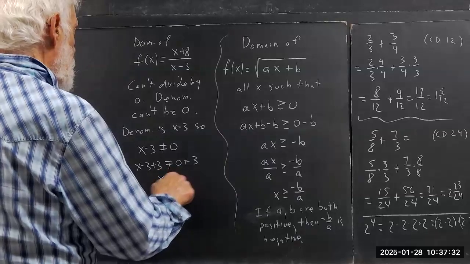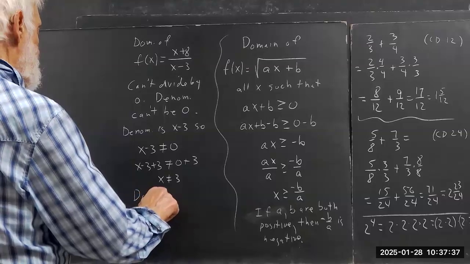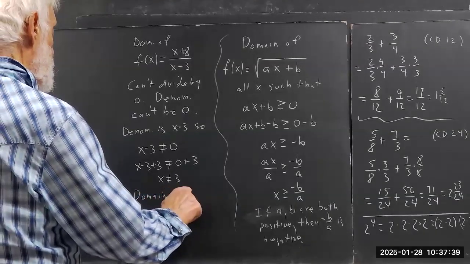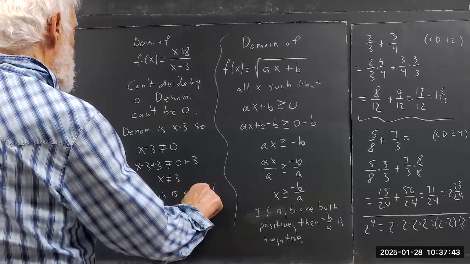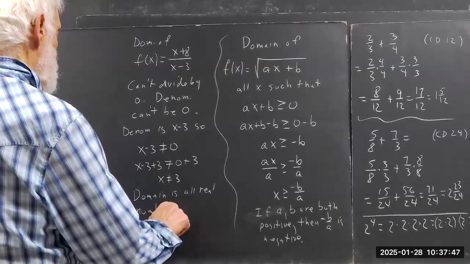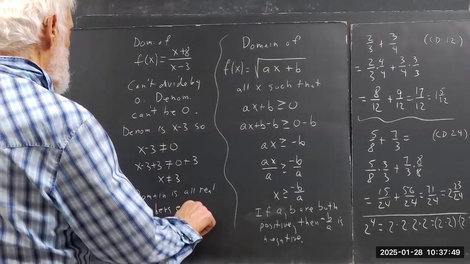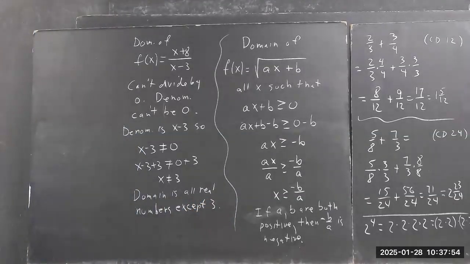So x can't be 3. The domain is all real numbers except 3.